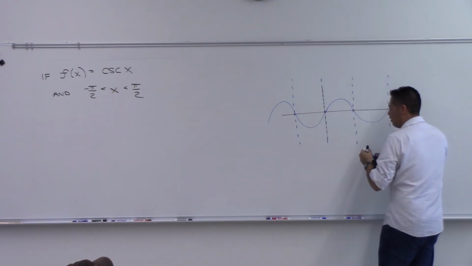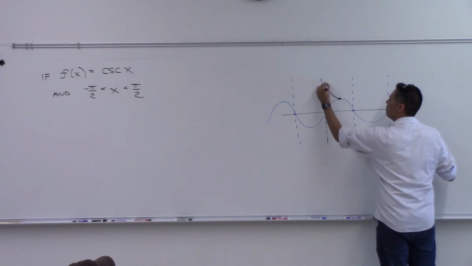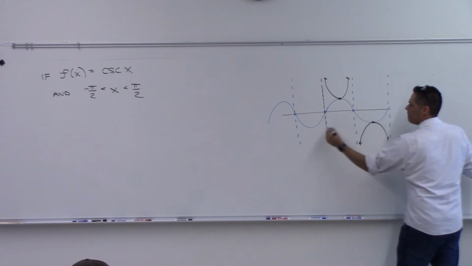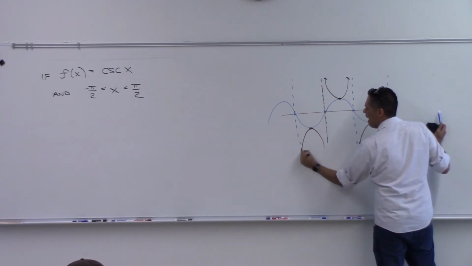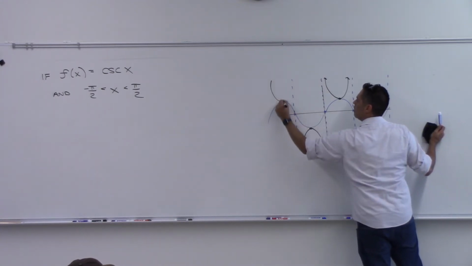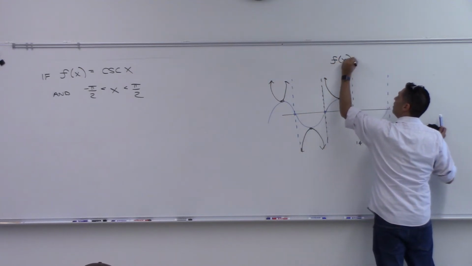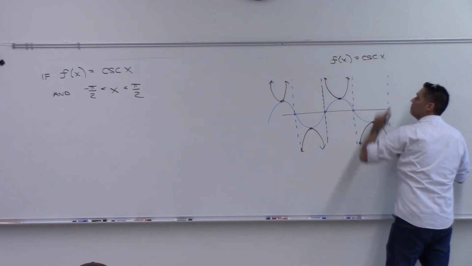And then the cosecant function is just these little almost parabola looking things, right? What's in black here? That's f of x equals cosecant x.